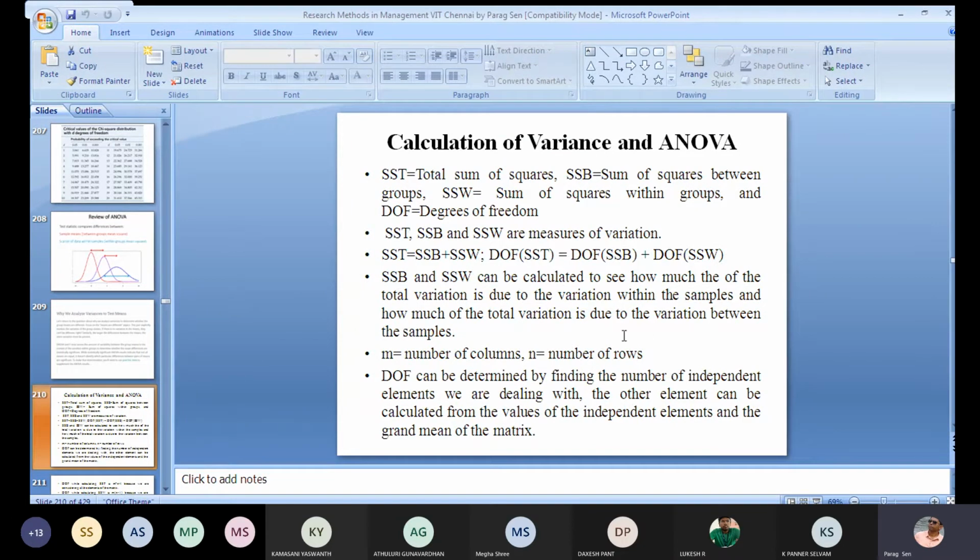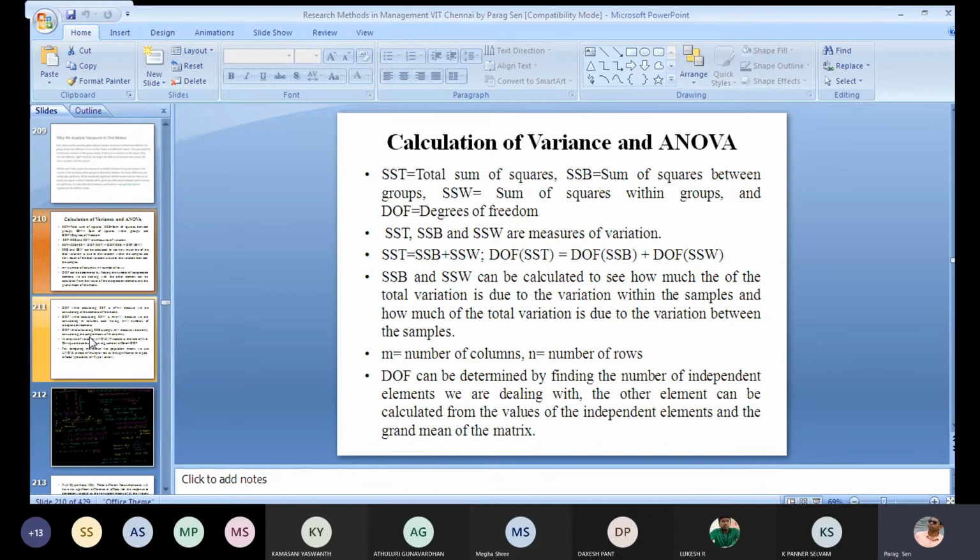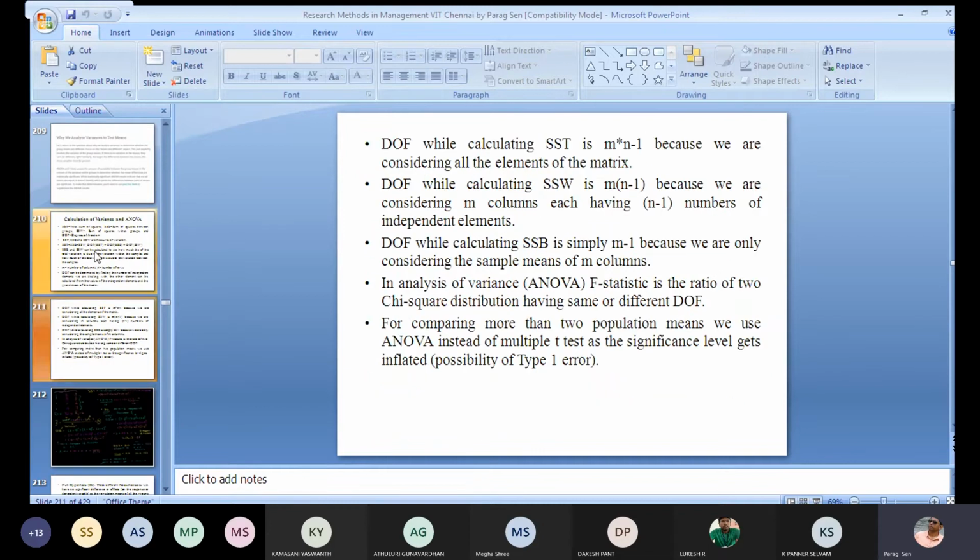In the later example, we will see there will be some columns and rows. M is equal to the number of columns and N is equal to the number of rows. The degrees of freedom while calculating the sum of square total is given by M cross N minus 1 because we are considering all the elements of the matrix.